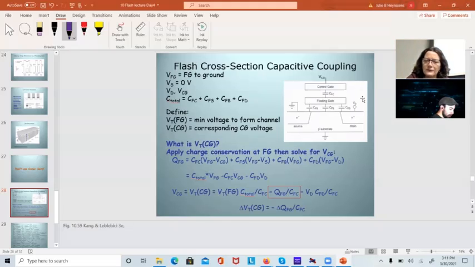There is CFC, between the control and the floating gate, between the floating gate and the source, between the floating gate and the body, and between the floating gate and the drain. So we have 4 capacitors on there. And we want to find out, we're going to apply charge conservation to this and find out what voltage it takes to get there. My Q equals CV.